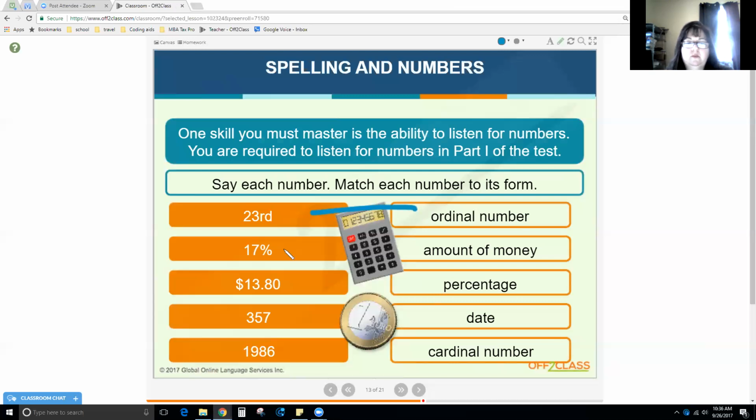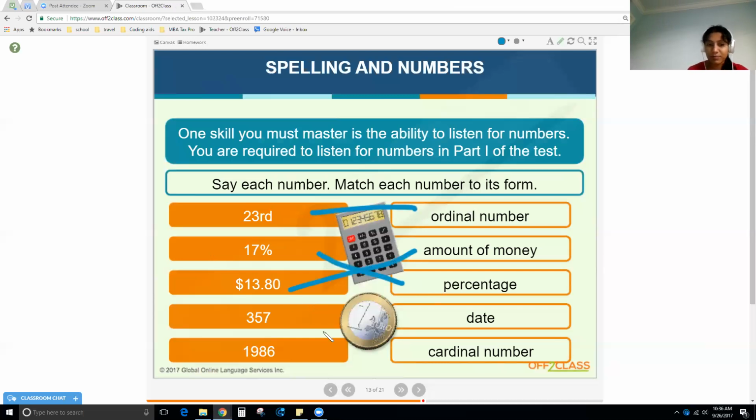Okay. What about this one? 17. 17 what? 17%. Good. So that is a percentage. Okay, this? $13.80, amount of money. Good. Okay. 357. Cardinal number.